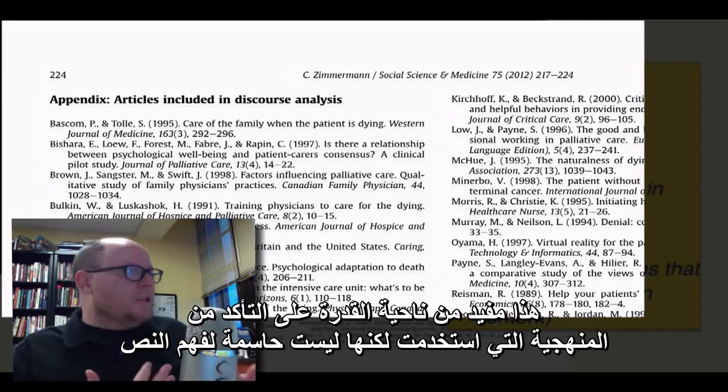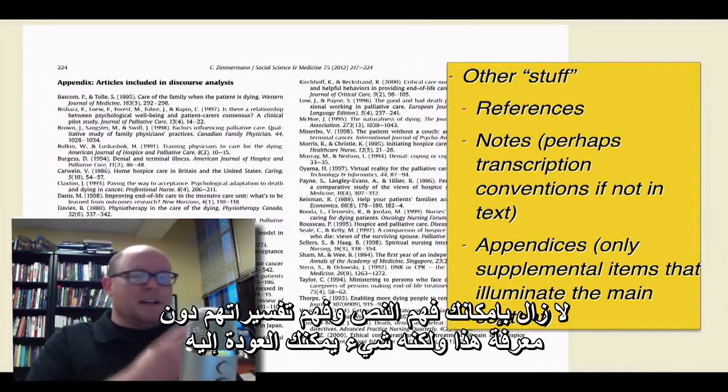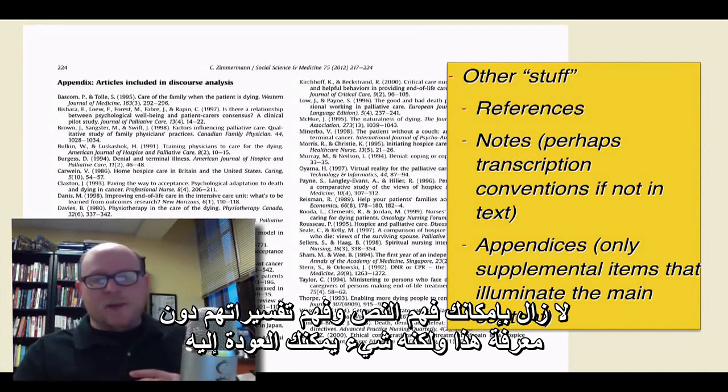Now, this is helpful in terms of being able to kind of check on their methodology, but it's not absolutely critical to understanding the text, right? You can still understand the text and get what their interpretations are without knowing this, but this is something they can go back to.